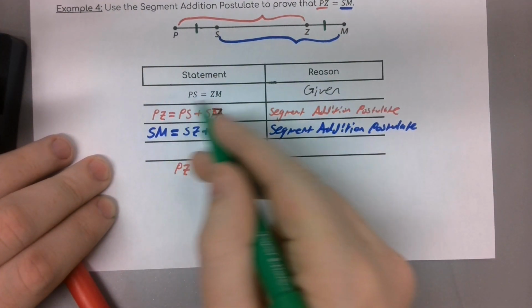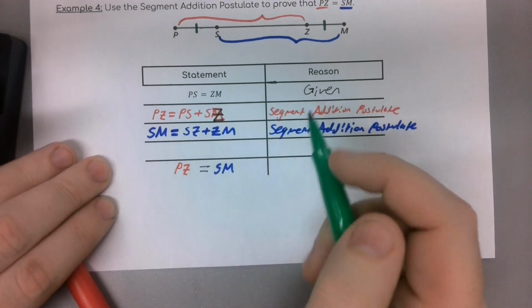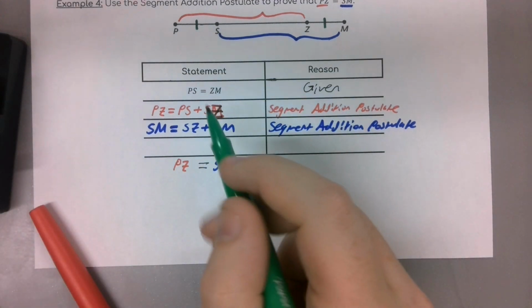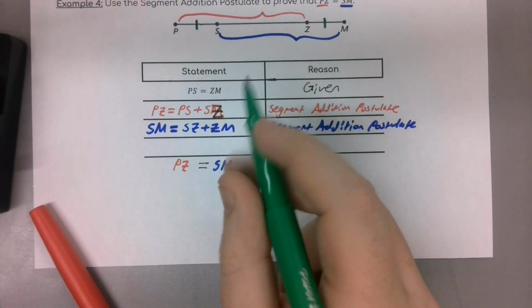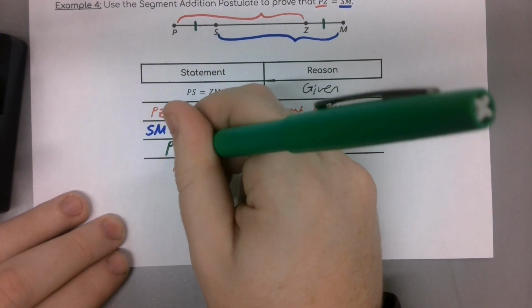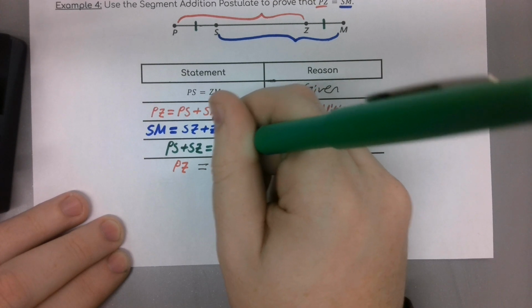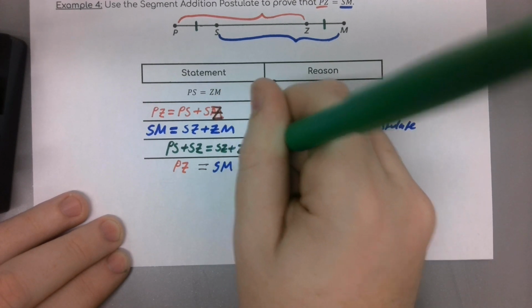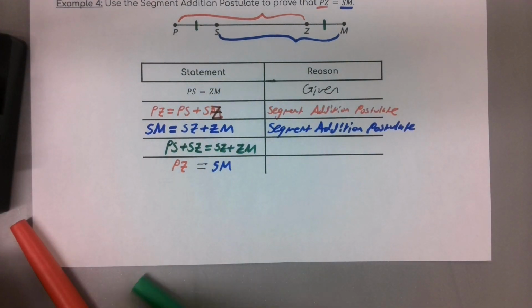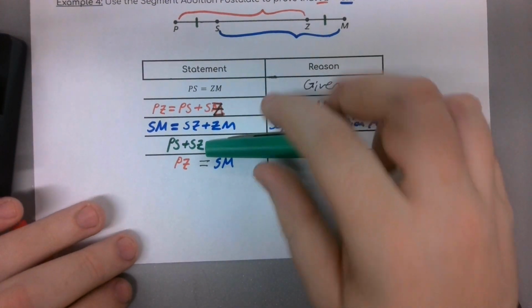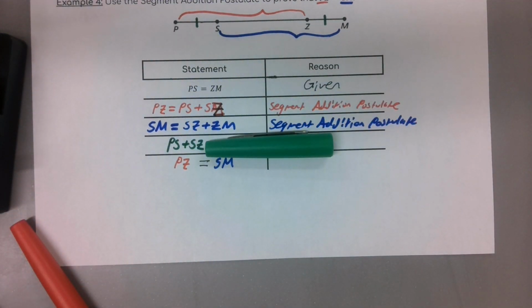If we take our original statement here, PS equals ZM, and add SZ to both sides, now, doesn't the left side look exactly like the red equation, PS plus SZ and PS plus SZ?